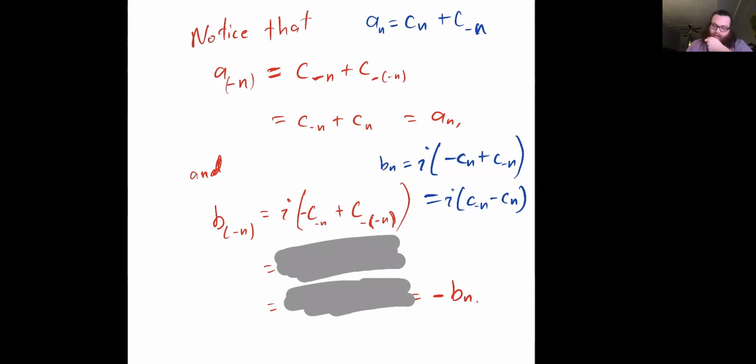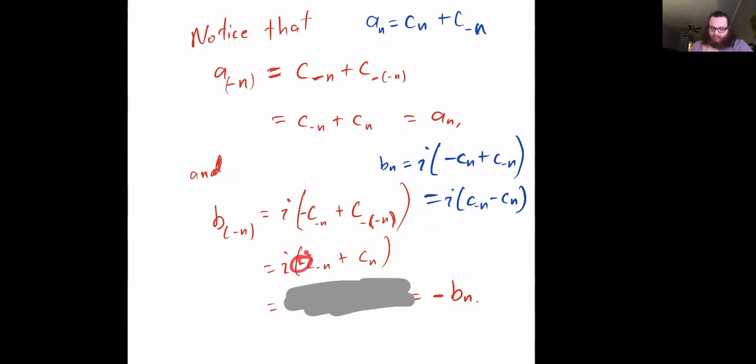If we plug in -n here and here, we're going to end up with a -n here and a minus -n there. Clearing the signs, we're going to get that. So this thing right here almost looks like minus c sub n plus c sub minus n, it's just the signs are flipped.